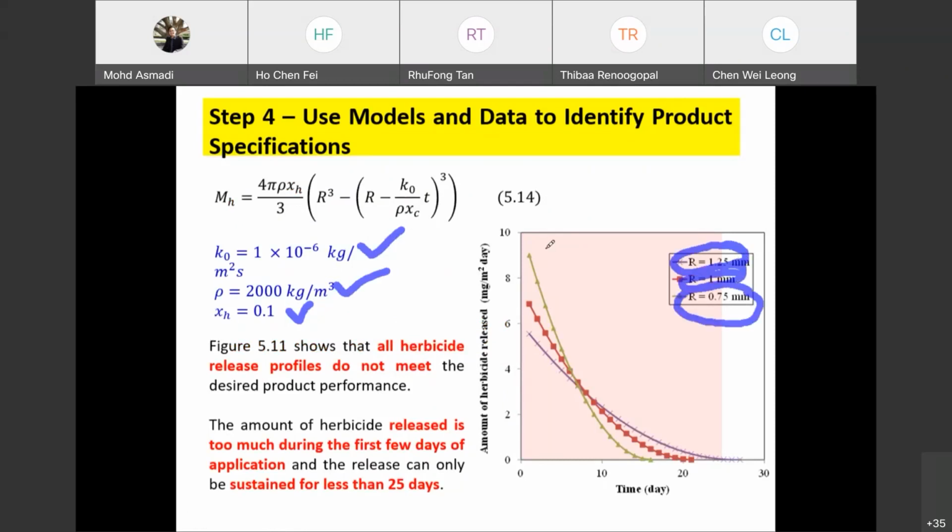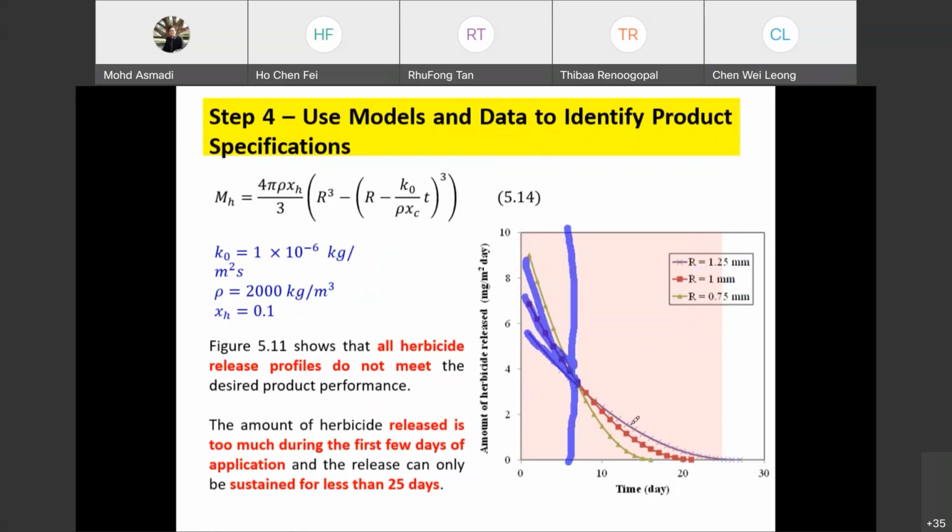The herbicide. So if you look at this profile, it released too much within a few days. See, it's reduced because the herbicide is released, but it becomes maintained after around 20 days. This is very slow. So it's released and sustained less than 25 days, meaning that it is lower than 90 days.